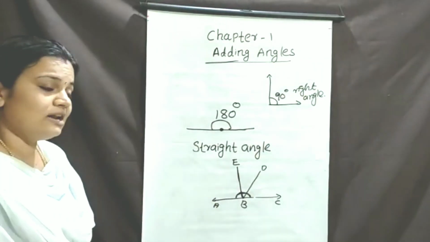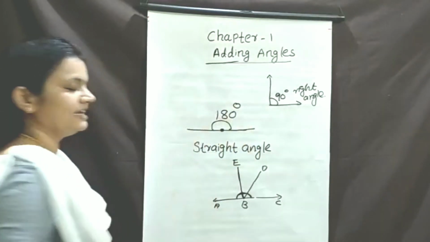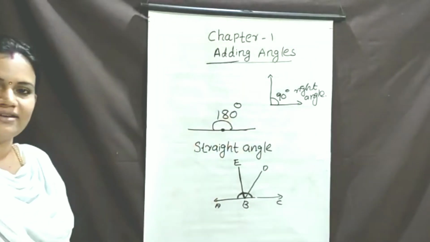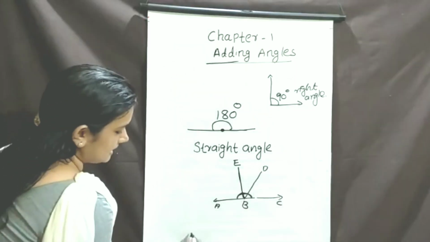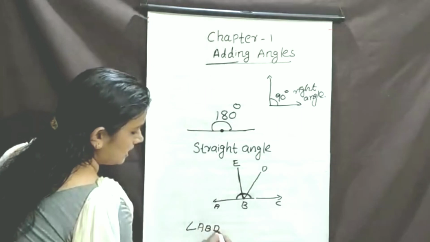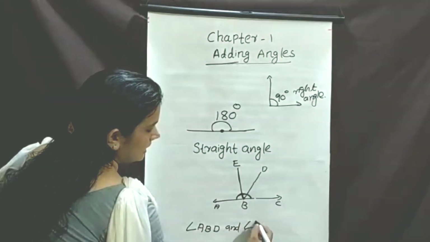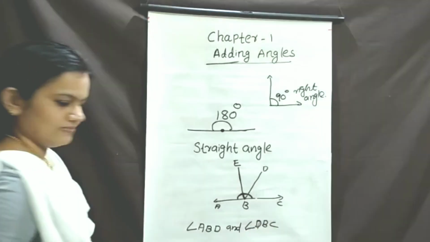Okay, we already learned what? A straight angle is called 180 degrees. Okay, I will write two angles here. Angle ABD and angle DBC.